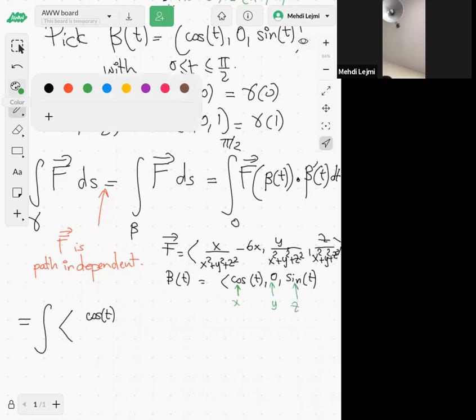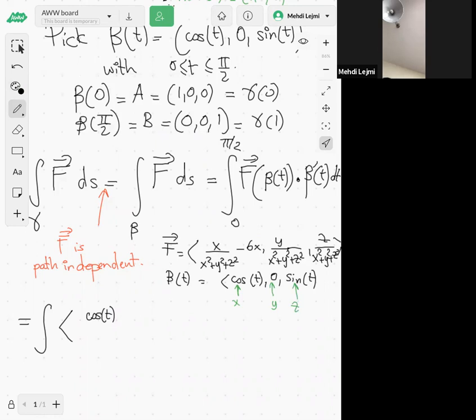When you do x squared plus y squared plus z squared, that will be cosine squared plus 0 squared plus sine squared, which is equal to 1. So here it's over 1 minus 6x, so that's minus 6 cosine of t. The second component, y, is just 0, so the whole thing is 0. And the third component is z, that's sine of t, over the same 1. Okay, scalar product with the derivative of the tangent vector to the path beta.